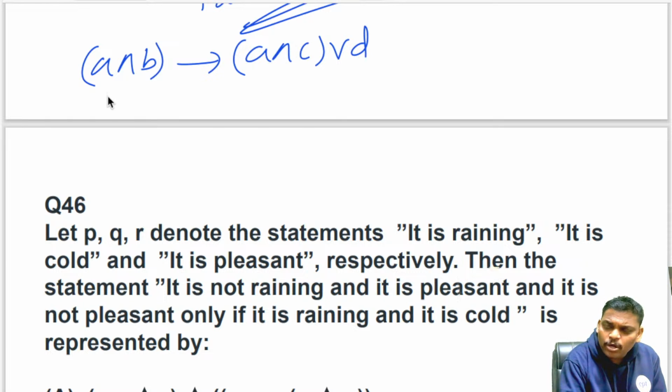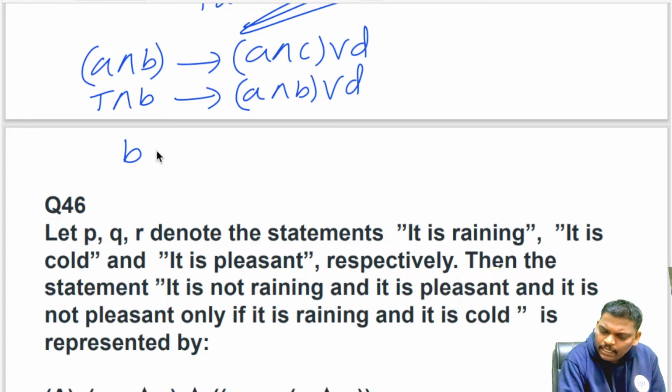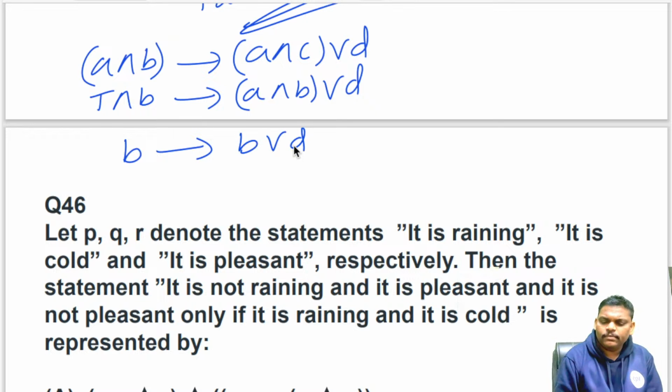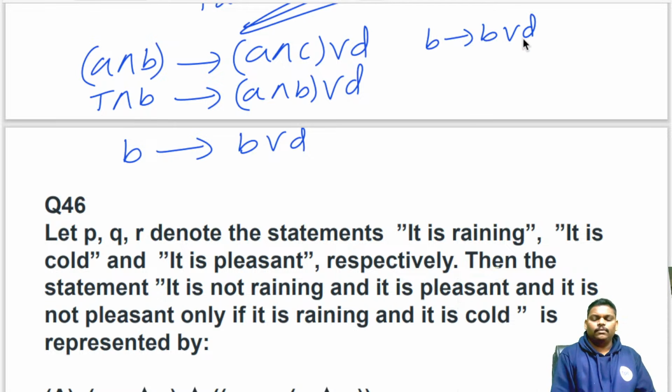So as the problem mentions, A is true, true and B. This is going to be A and C. It will also become A and B or D. A becomes true means B or D. So finally this is going to be B goes to B or D.